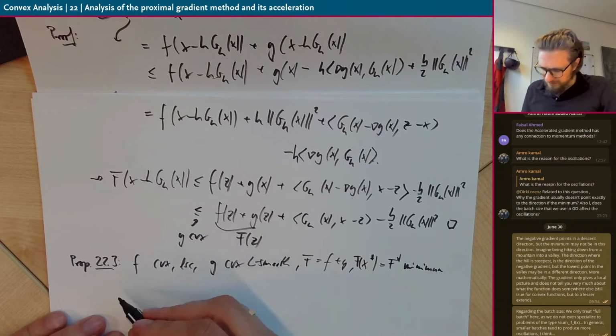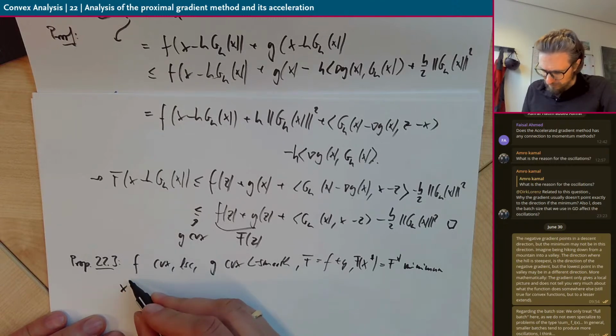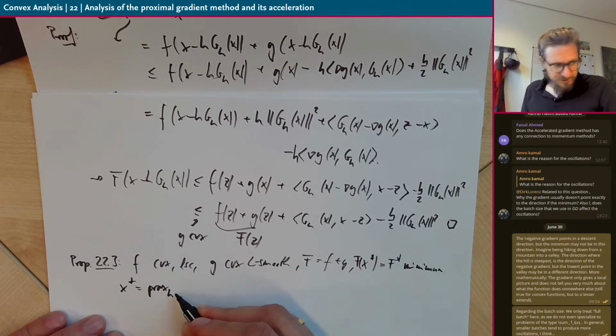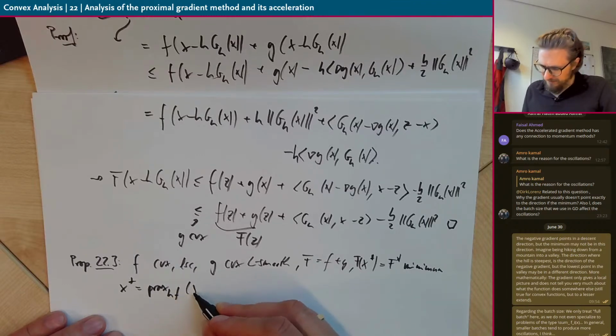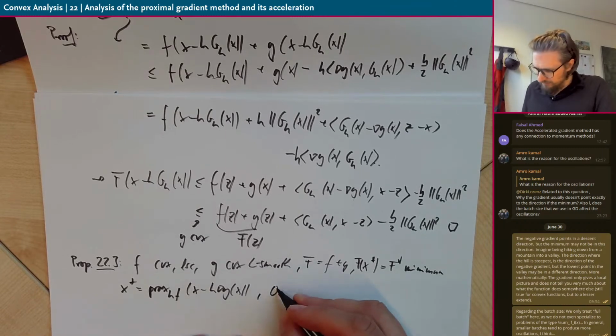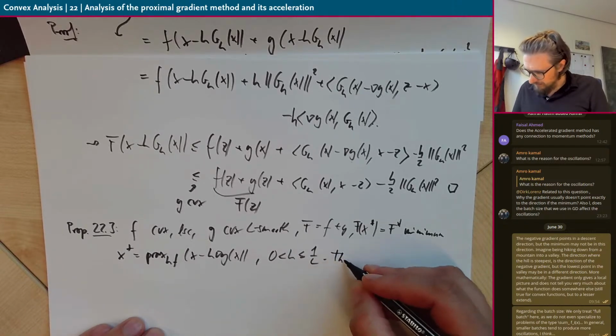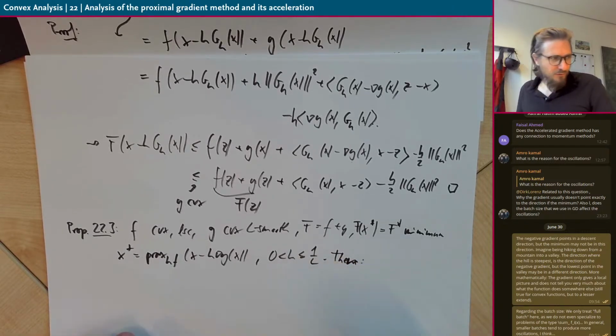We have the proximal iteration. We denote here in this lemma x plus as the prox step, h f of x minus h gradient g. And we assume that the step h is between 0 and 1 over L. Then we have four things.